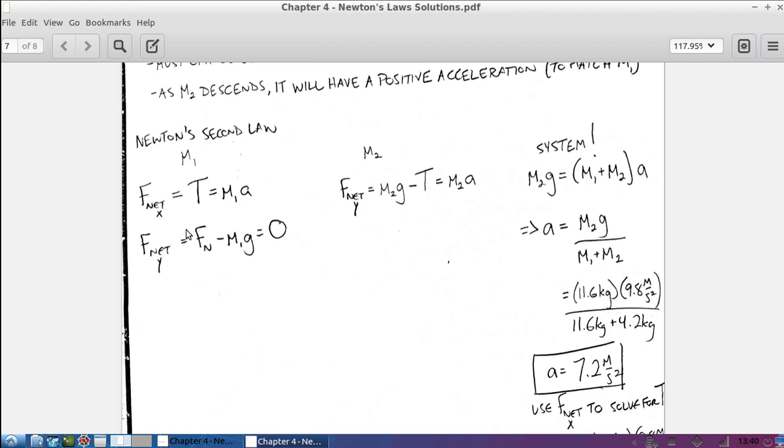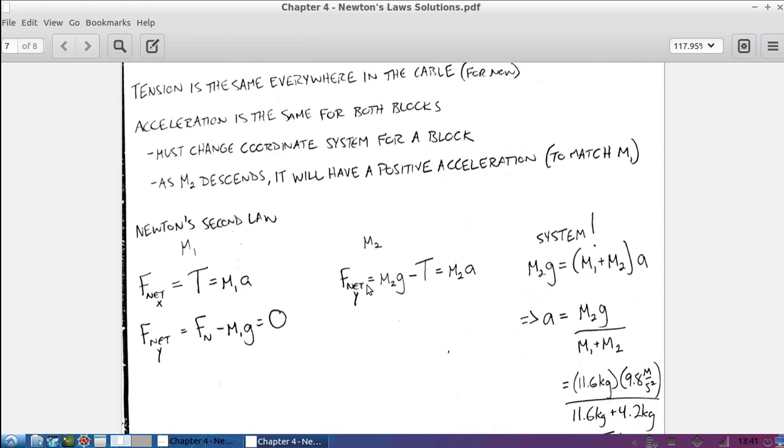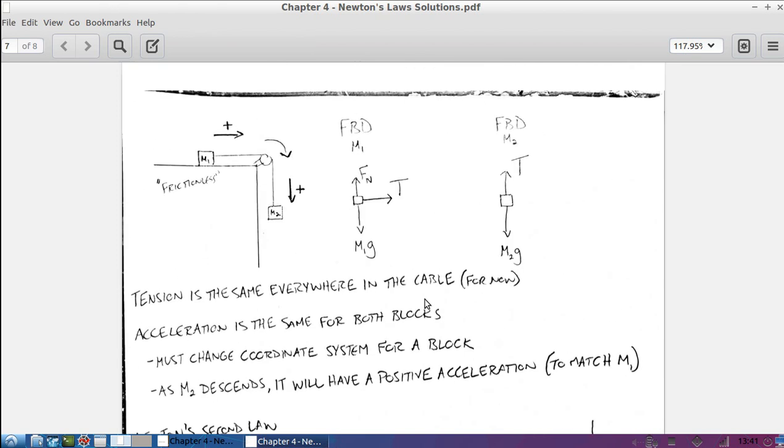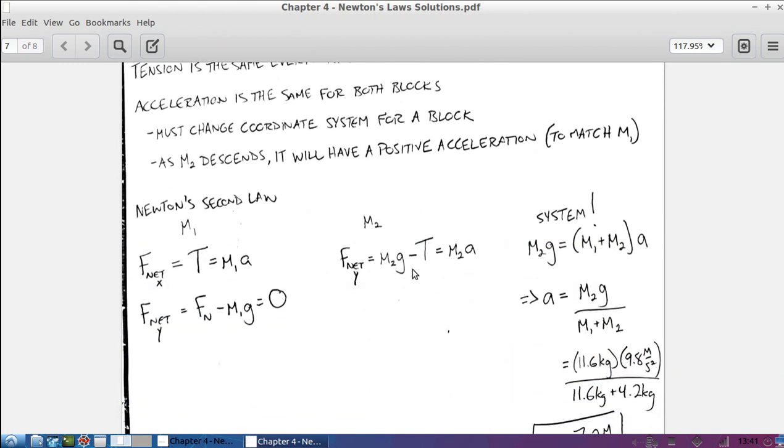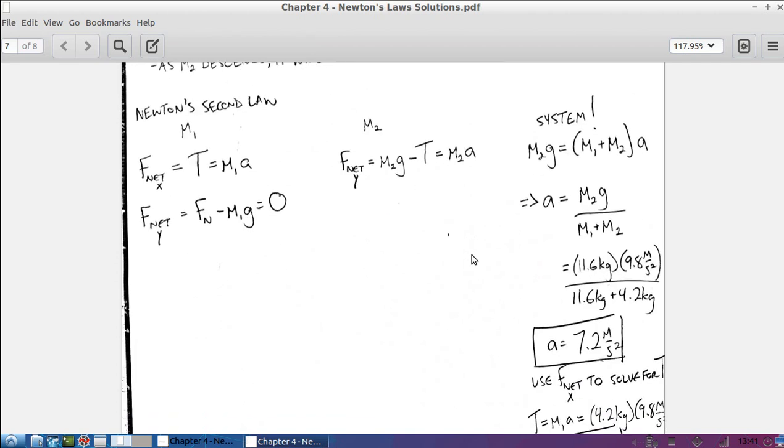We're not being asked for that yet, but this will be useful. M2 only has forces in the y direction. Again, we're picking down as positive for M2, so gravity minus the tension: M2g minus T is M2 times its acceleration. Again, these a's are the same. Both objects are going to have the same acceleration.